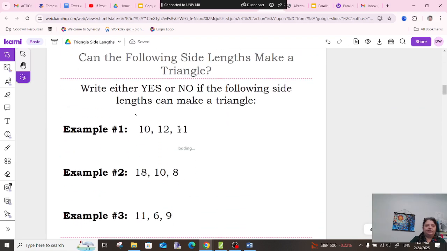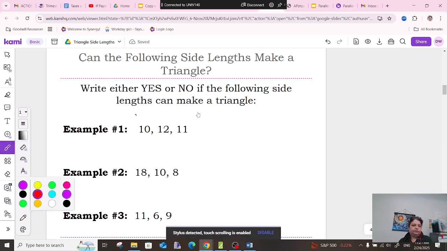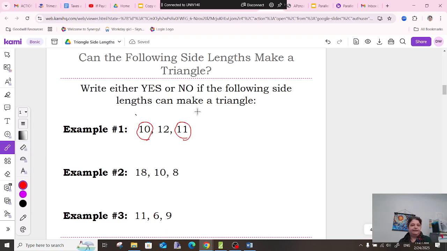Okay, so let's look at these three examples. What are the two smallest sides right here? I have 10 and 11, right? So what you're going to do is you take the two smaller sides, you're going to add them together and see if it's bigger than the third side.